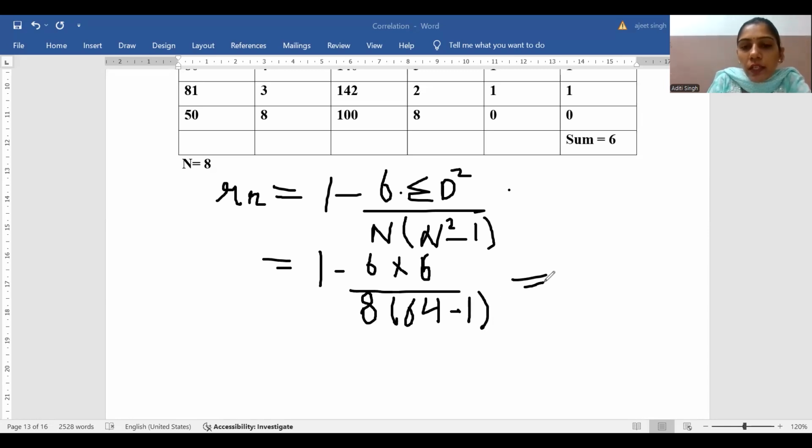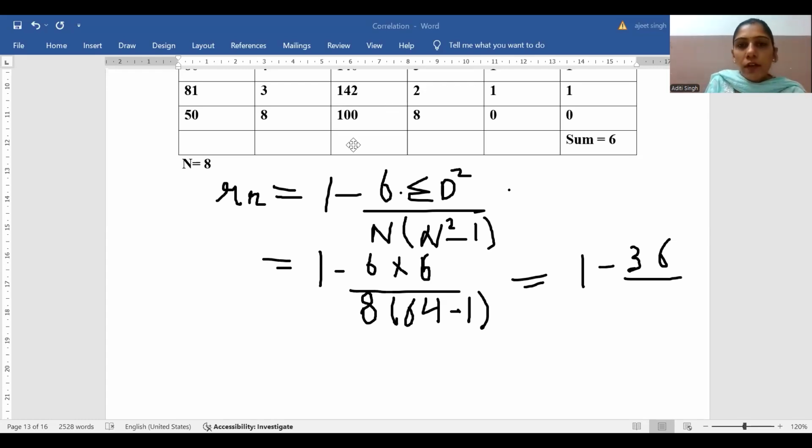Okay, let's solve it again. 1 minus 6 into 6 is 36 basically, and now 8 into 63. Let's calculate it with the help of calculator. 63 multiply by 8 is equal to 504.